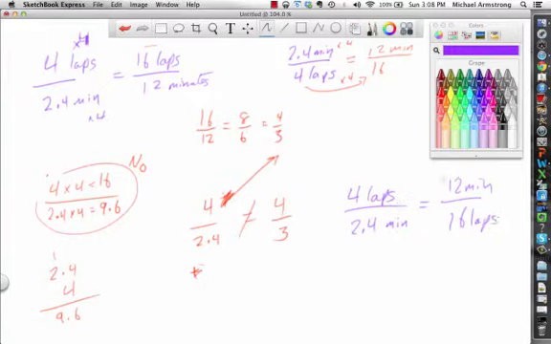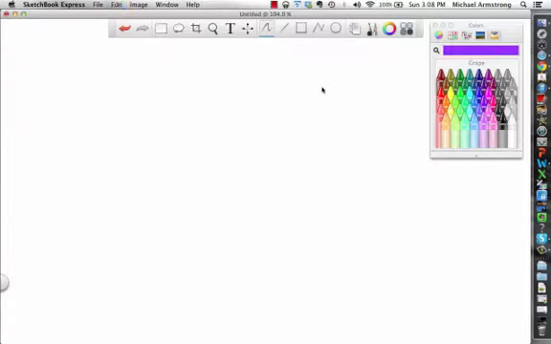You need to keep your numerators and denominators, or your ratios, set up in the same way. They have to be uniform. Laps on top, minutes on the bottom, or minutes on top and laps on the bottom. Okay, that should be the end of this video.